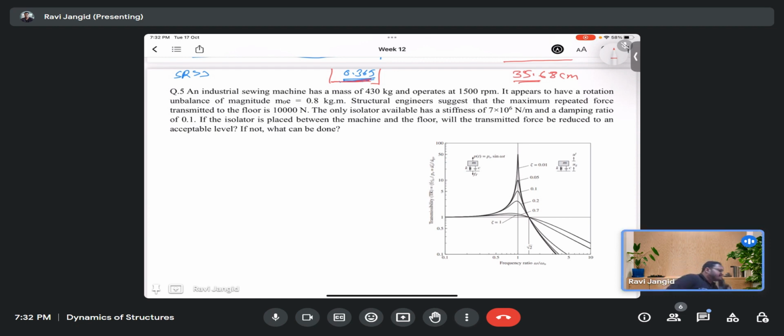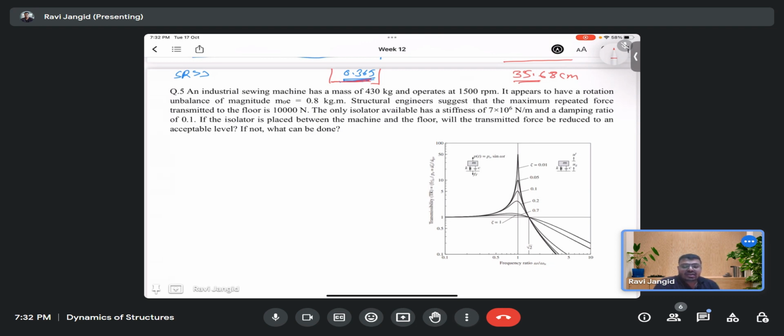So we have a simple problem here. It is like an isolator, but not exactly the isolator, but I think it would be very useful for practice. In this question, an industrial machine has a mass of 430 kilogram and operates at 1500 rpm.